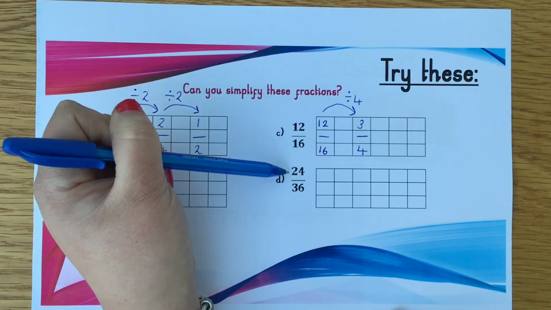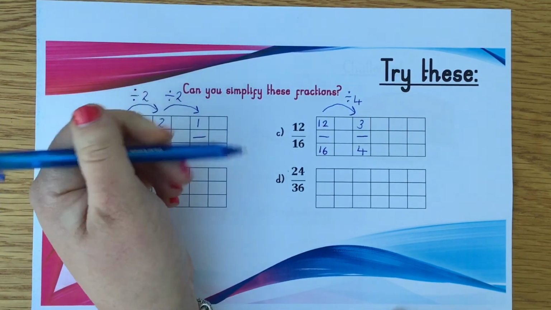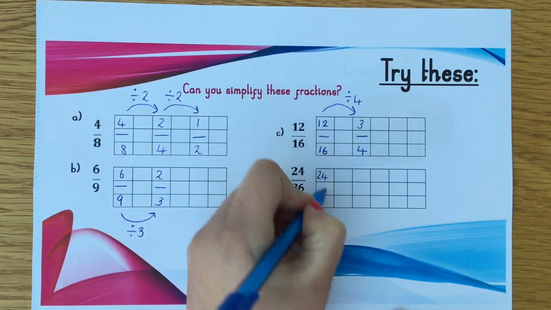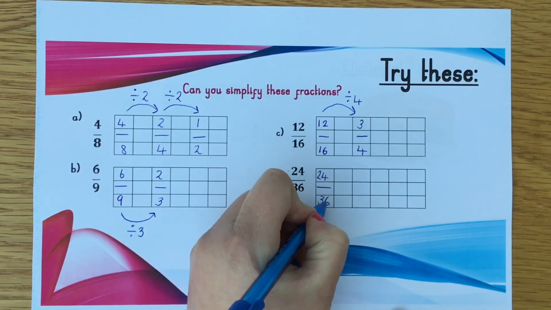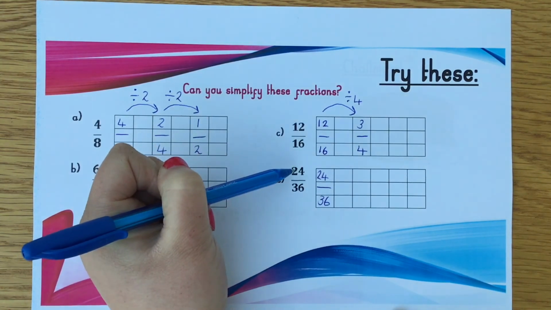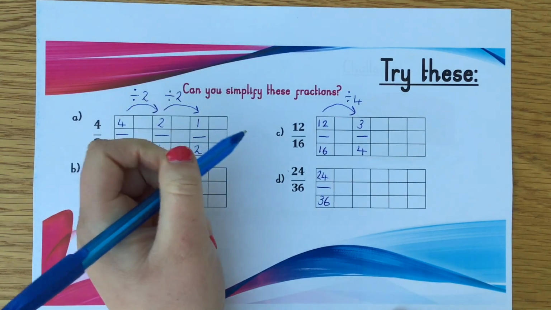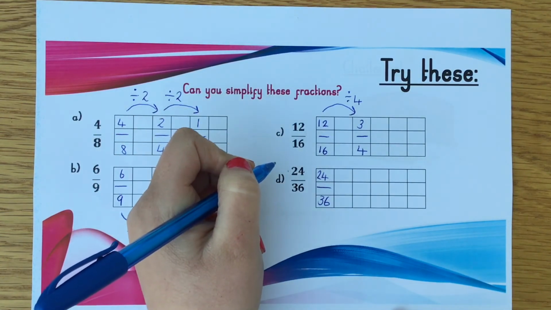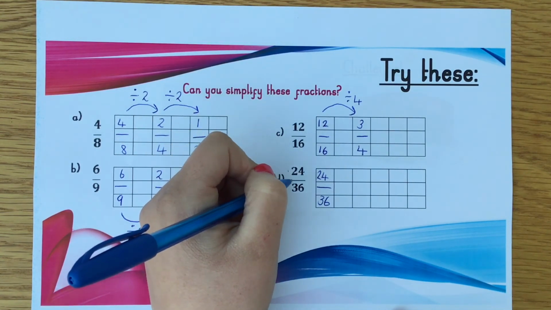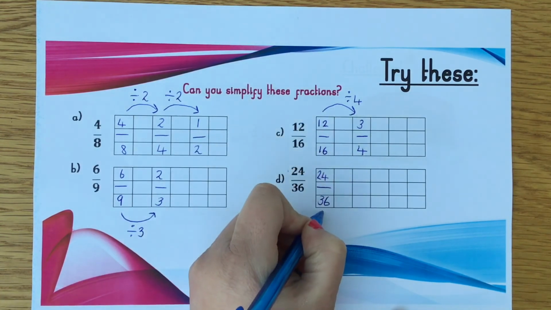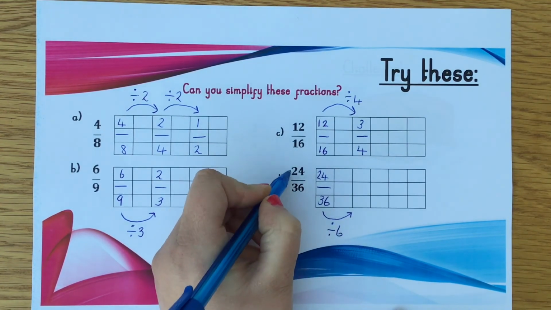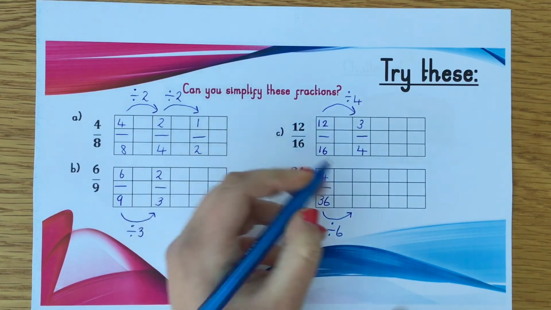Okay, D, 24/36 then. Okay, now this is a bit more tricky, this one, because it's a higher numbered fraction, but hopefully you recognised that 6 goes into both of these numbers equally. So you can divide it by 6. So 24 divided by 6 is 4.